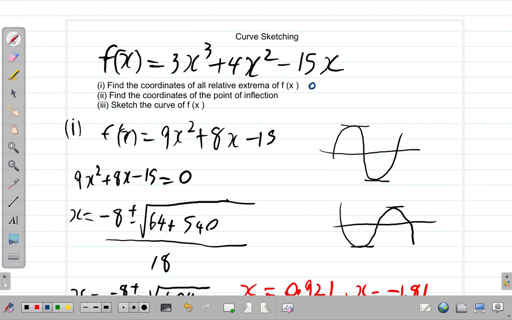So we have 0.921, negative 8.08, as one pair of coordinates.